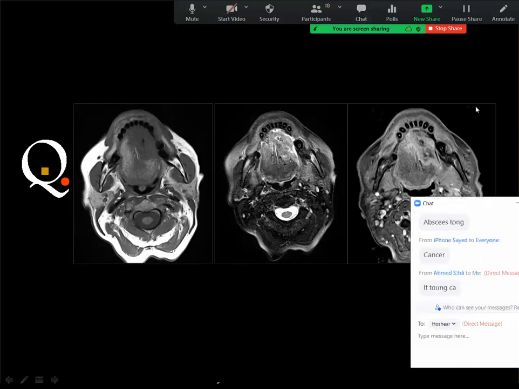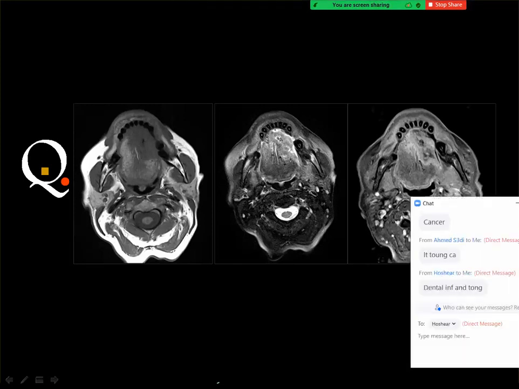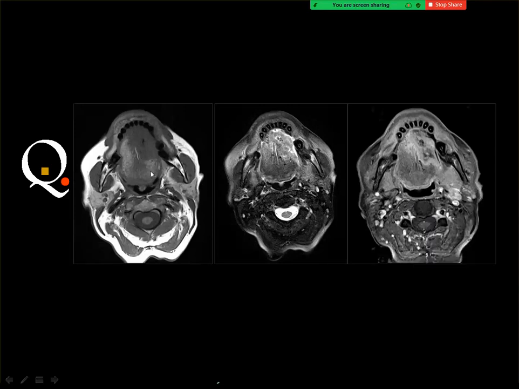What do you think? The same answer: dental infection and tongue infection, inoperable tongue carcinoma. Yes, and you see here that this lesion is crossing actually the midline. Then how can you diagnose infection or separate infection from the tumor?